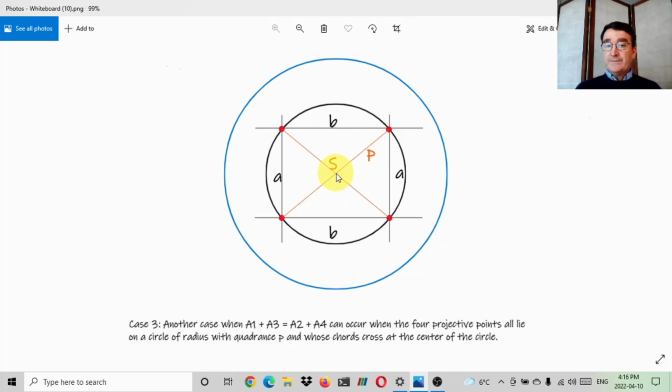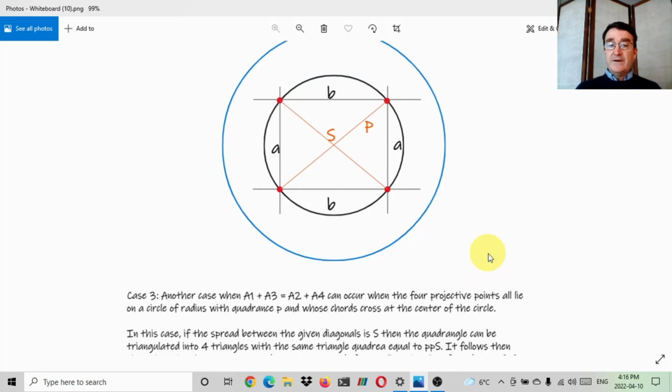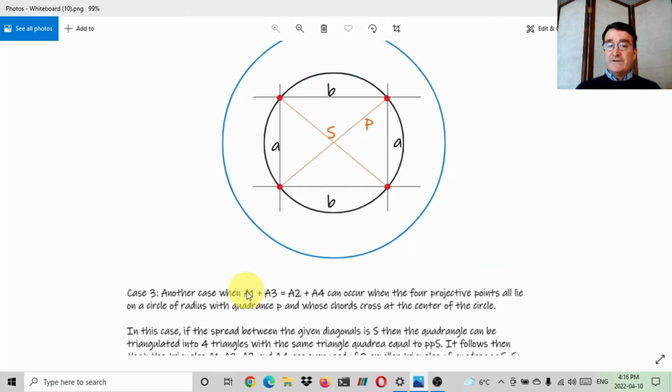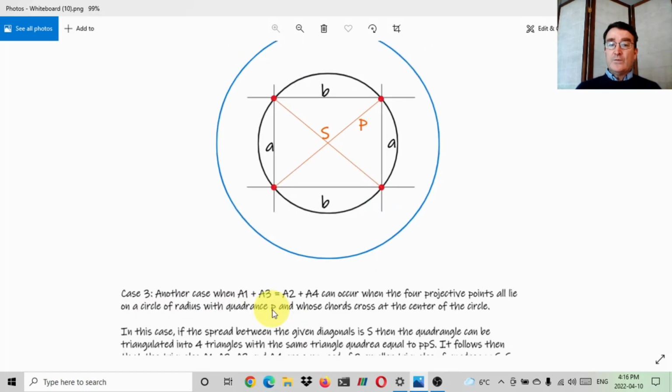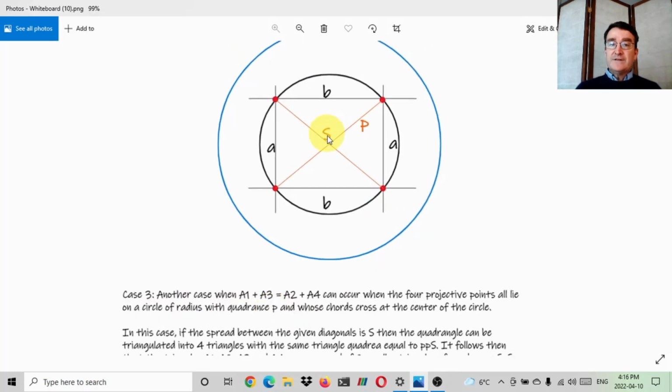So what happens in that case? So this spread between these 2 lines is S, so that spread here is the same as the spread here, it's the same as the spread here, it's the same as the spread here. The spread is just a spread between 2 lines. So we have 4 triangles here, and the quadrea of these 4 triangles is identical.